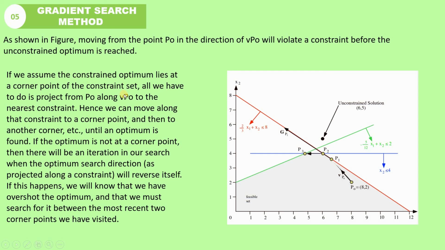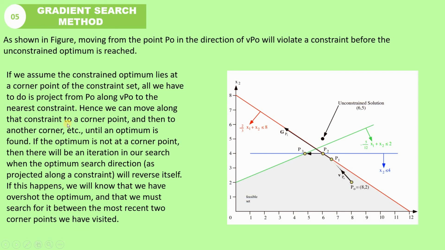If we assume the constrained optimum lies at a corner point of the constraint set, all we have to do is project P0, Vp0 to the nearest constraint. With P0 at 8, 2, the nearest constraint will be P1, P2 or P3.